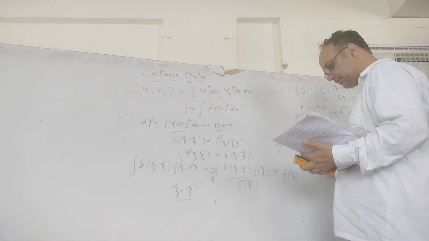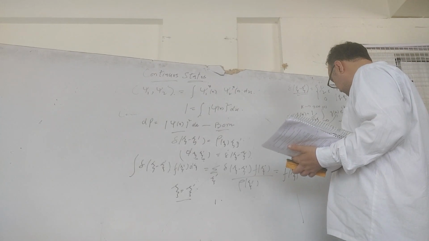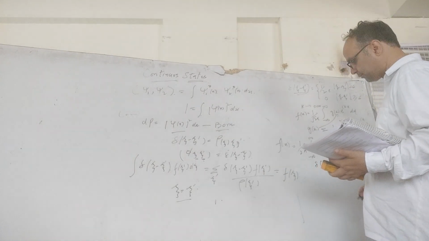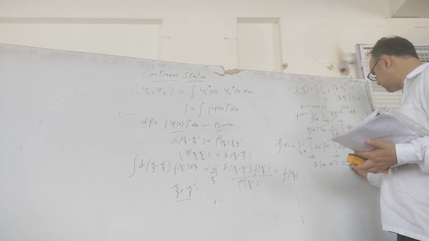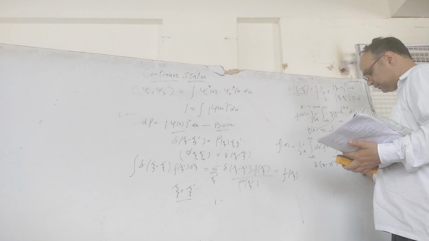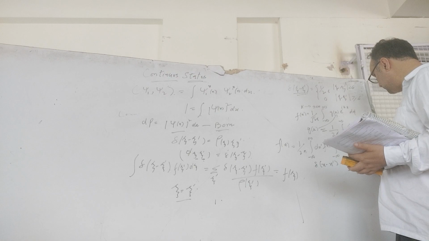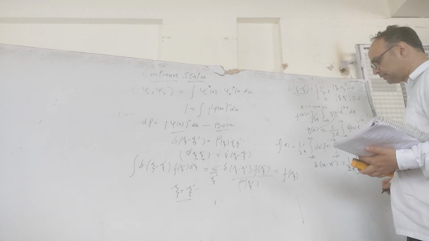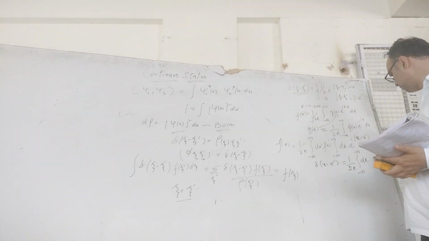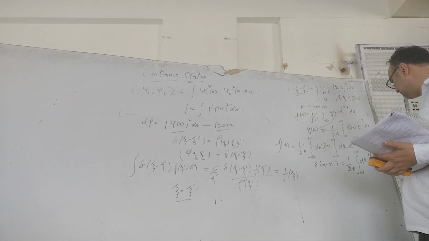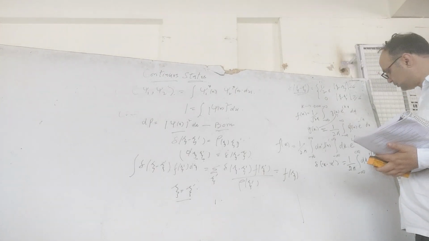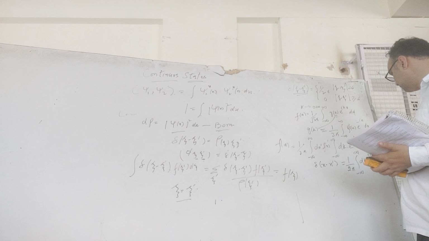Or we can write delta x minus x prime as the integral dk of e to the power iota k times x minus x prime.